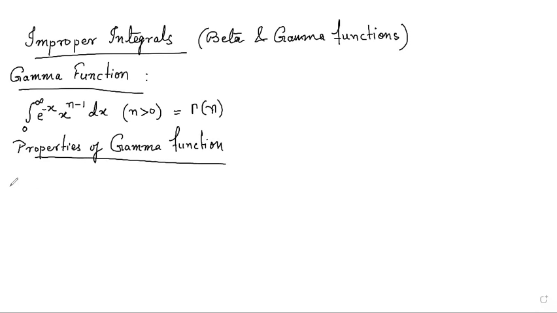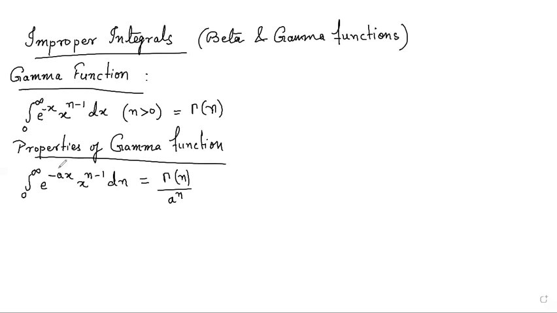Number one says that the integral 0 to infinity e to the power of minus ax, x to the power of n minus 1 dx will be taken as gamma n divided by a to the power of n.